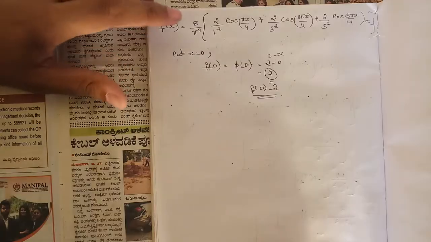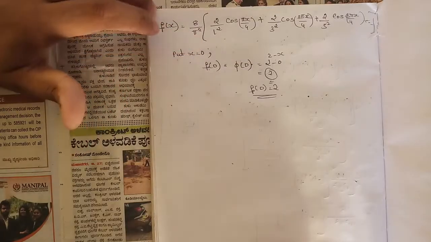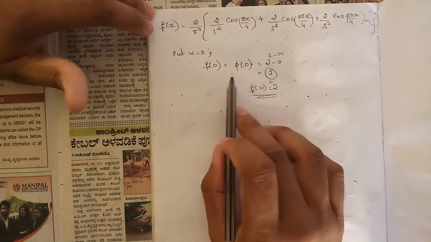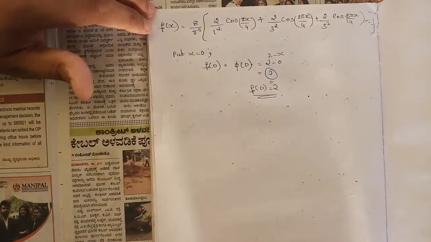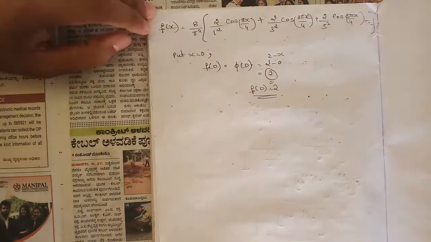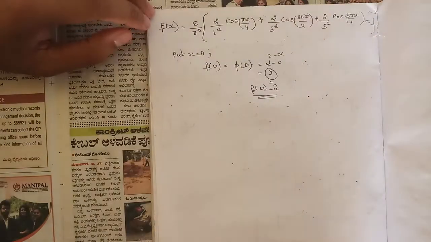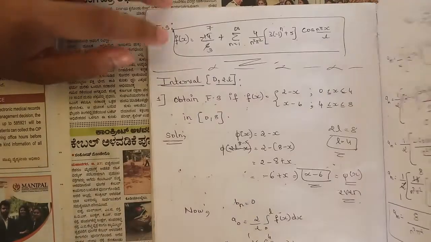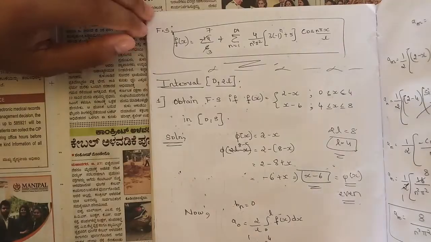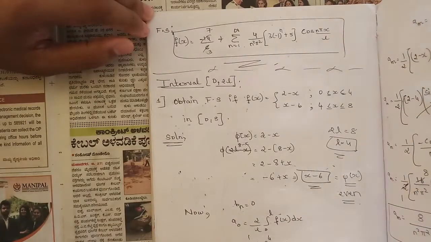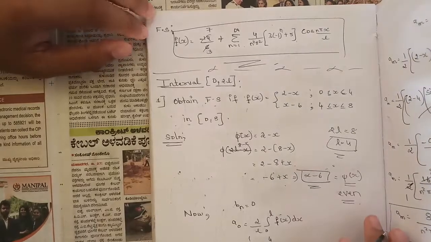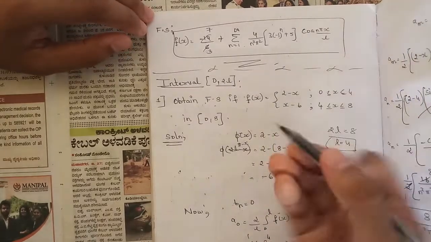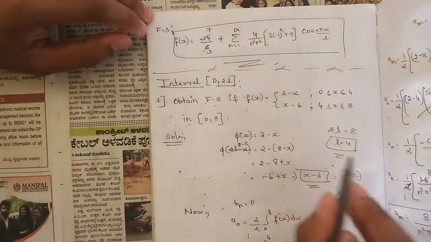So here we need to substitute the value of x as 0 and write f of 0 equal to phi of 0 plus xi of 0 by 2, but I have not written it. Why? Because of the xi of x term. I'll show you an example.